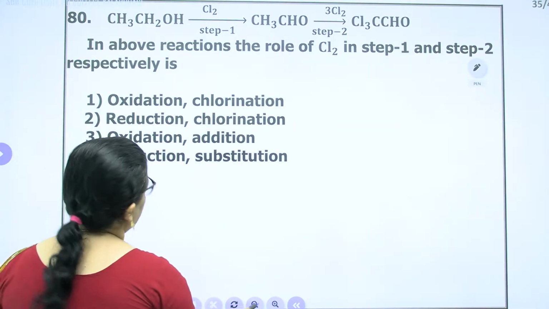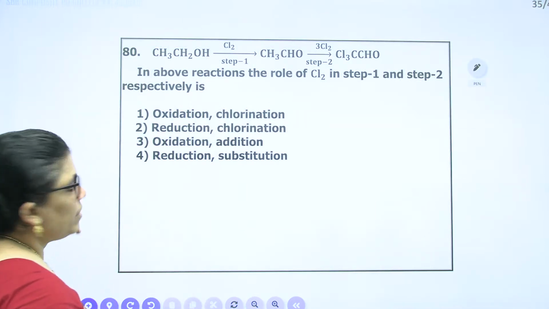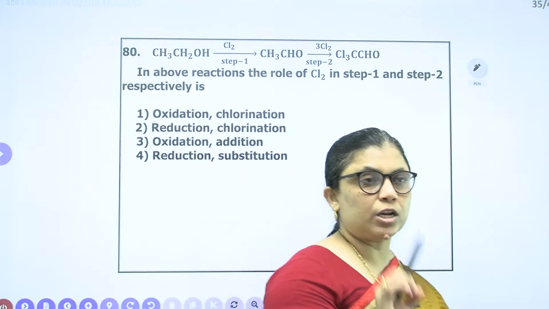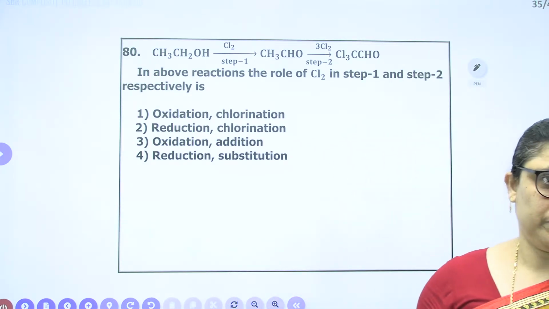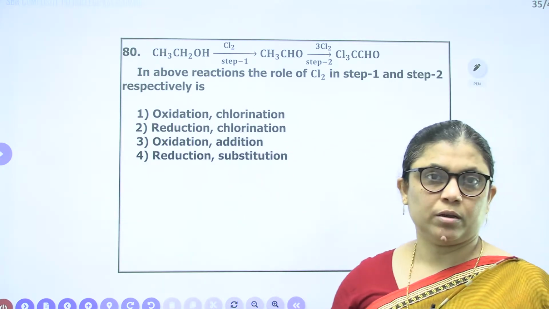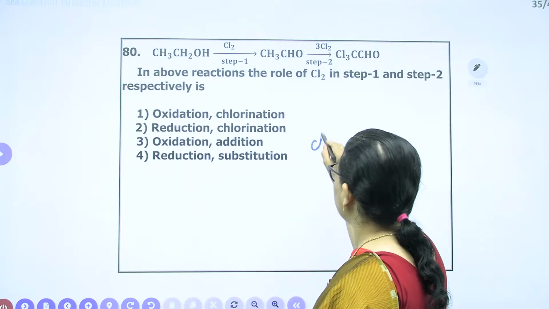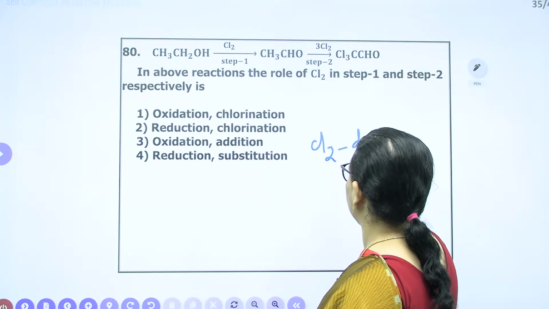Question number 80. In this reaction, ethyl alcohol undergoes halogenation, that is chlorination. But we know very well that chlorine is an oxidizing agent. It is a disinfectant.